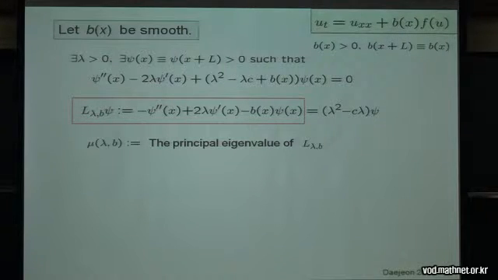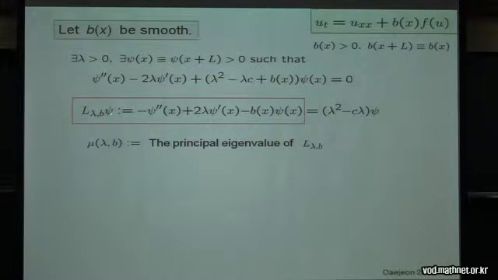And moreover, psi is positive. We require psi to be positive in order to be the asymptotics of a traveling wave, because a traveling wave is supposed to be positive. We are only looking at traveling waves that are positive.